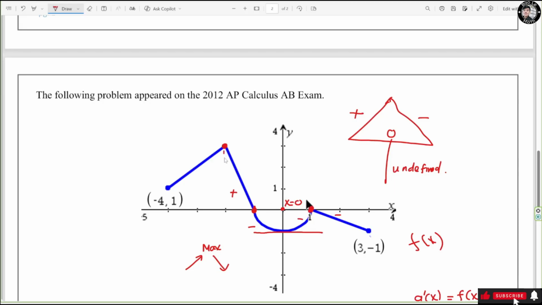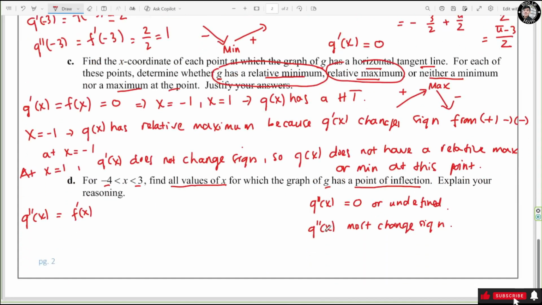So right here, s equals -2, and right here, s equals 1. So f prime of s equals 0 when s equals 0, and f prime of s is undefined when s equals -2 and s equals 1.